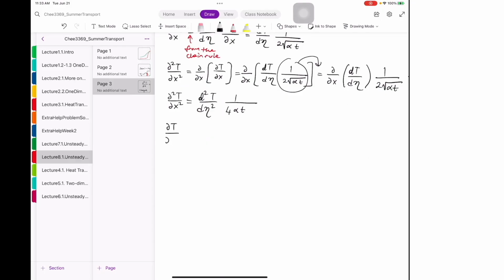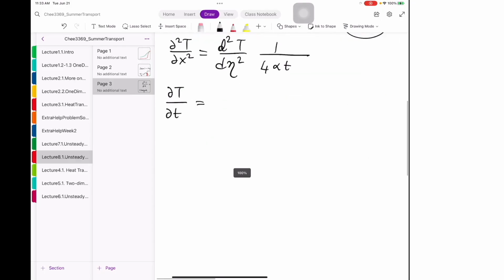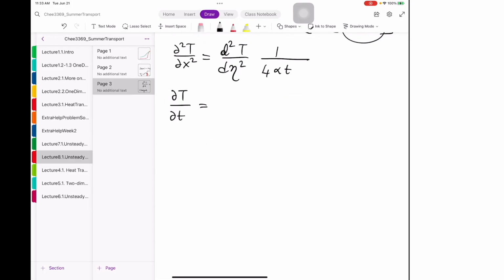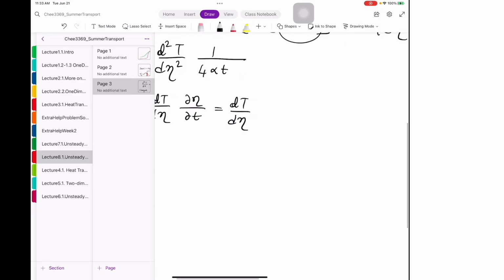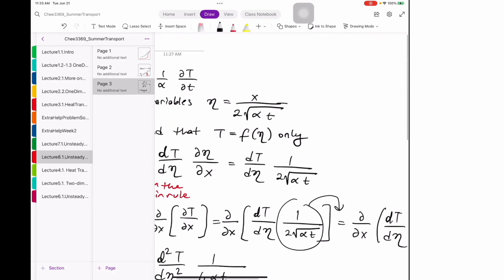Del T over del t is equal to dT over d eta again, and del eta over del t, which is the derivative of this with respect to time.